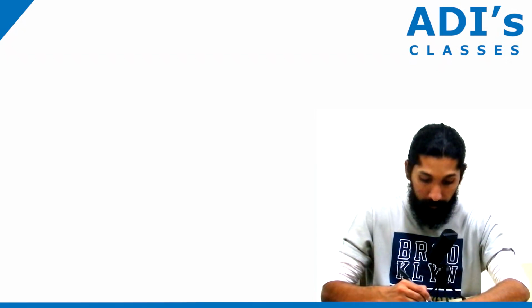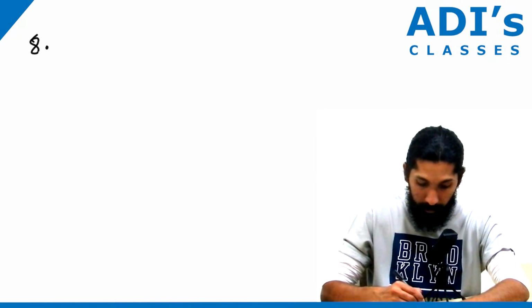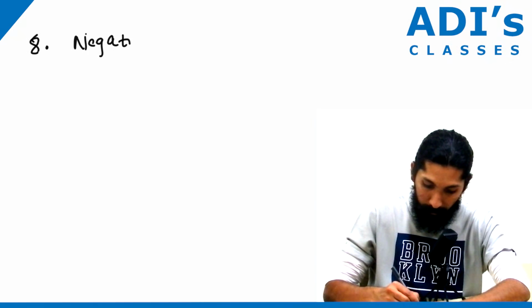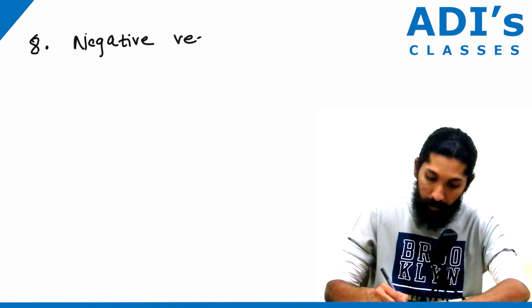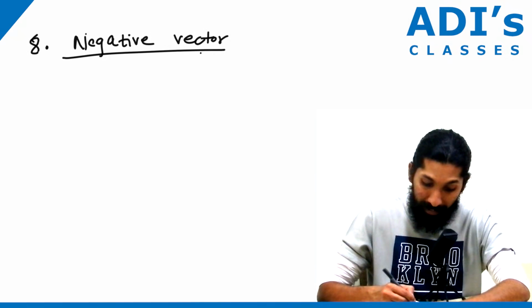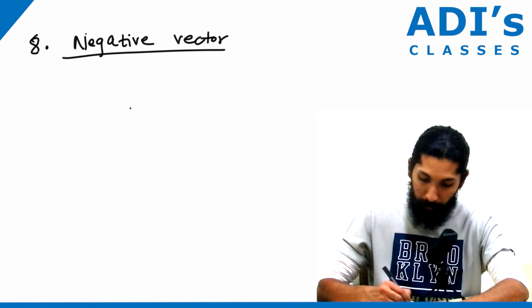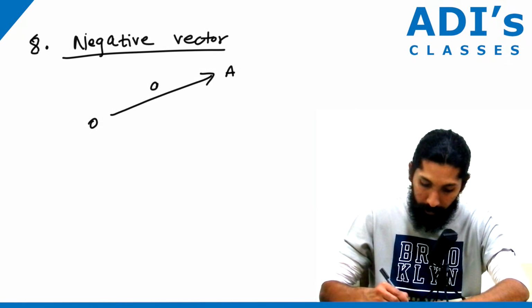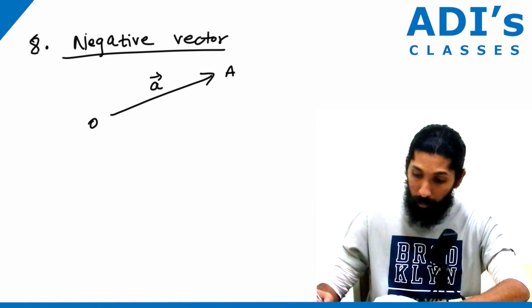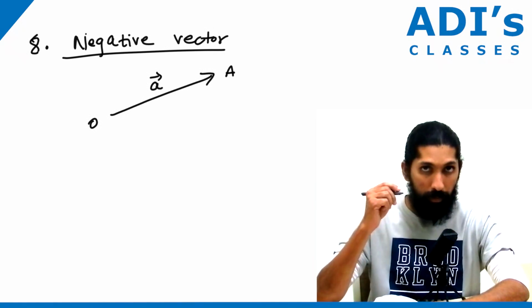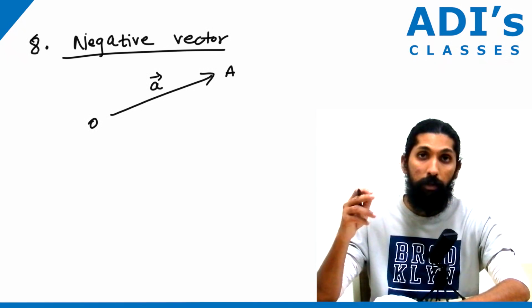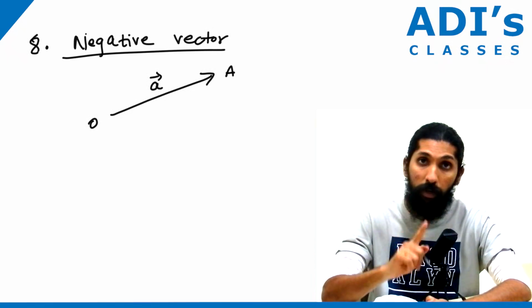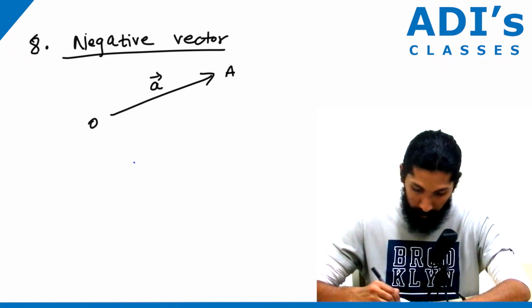It's very, very important. This is the negative of a vector. Whenever we talk about the negative of a vector, suppose you have a vector OA like this. Say this is vector A. Now what we do? We take this particular vector and negate it, in the sense we change the direction by 180 degrees. So we do the same thing here, but this way.